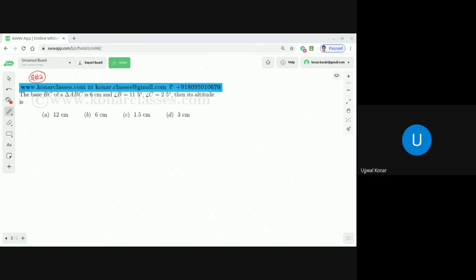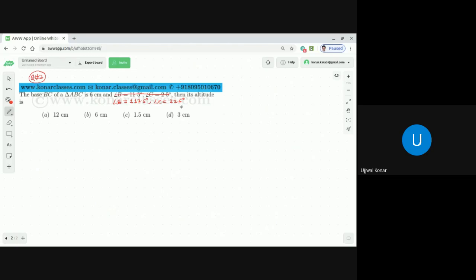There is a small mistake in this question, dear students: angle B is 112.5 degree. So let me correct this one. Angle B is 112.5 degree and angle C is equal to 22.5 degree.